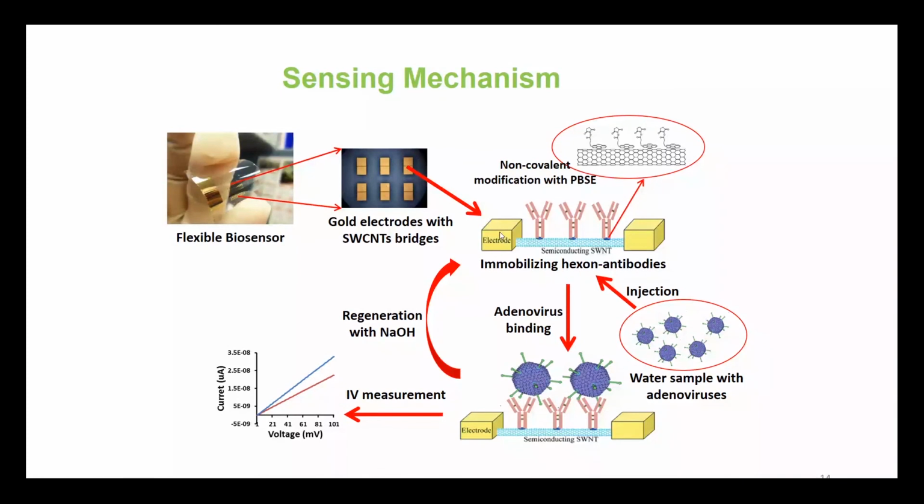So we try to optimize this. It is not easy for antibodies because they are too sensitive. The regeneration solution can affect them, but we could make this work. We realized that we can use the same sensing surface up to 10 times with this regeneration. So it was also good.